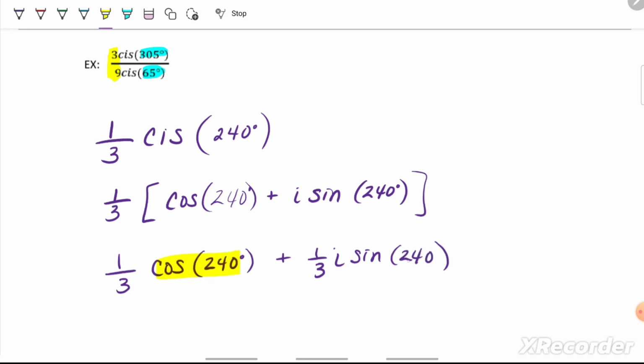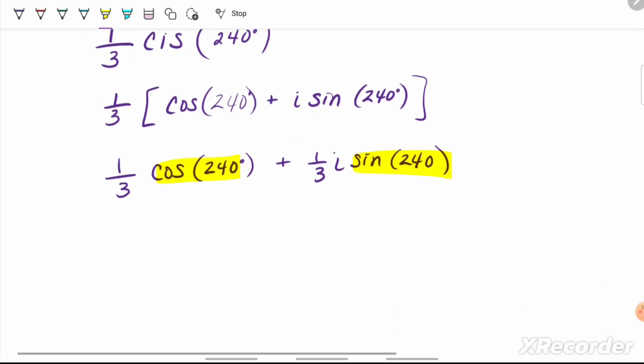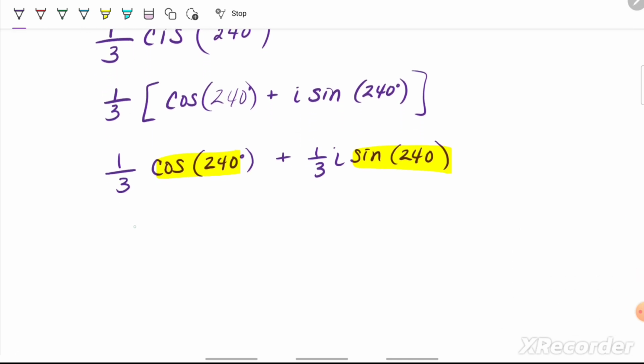And then we'll get those two exact trig values off our unit circle. Cosine of 240 degrees is negative 1/2. And sine of 240 degrees is negative square root of 3 over 2.